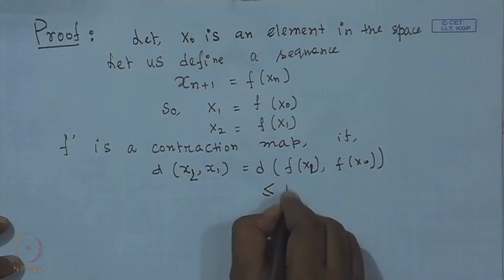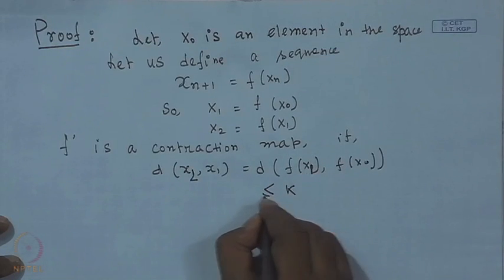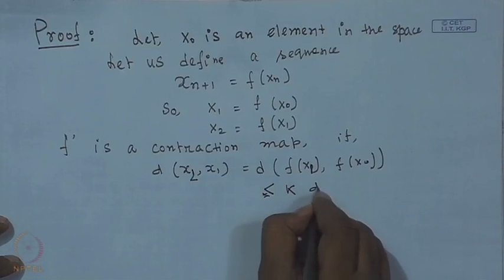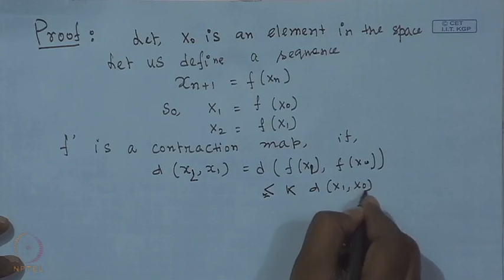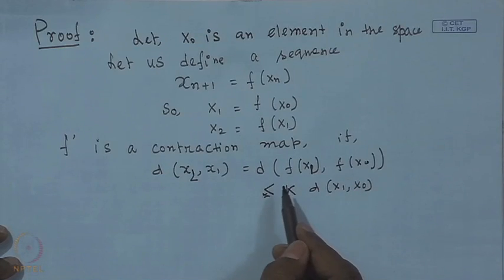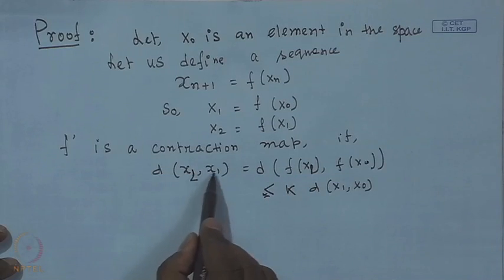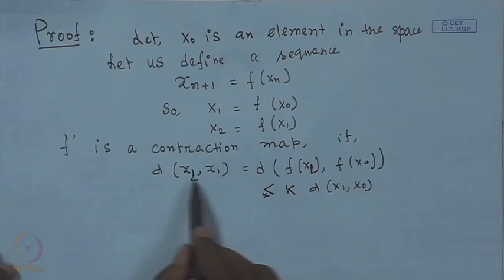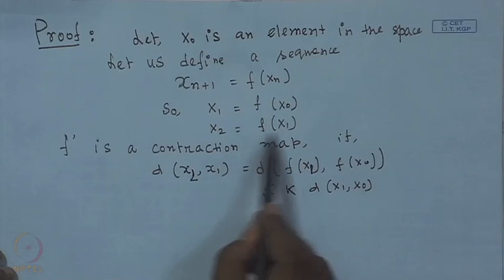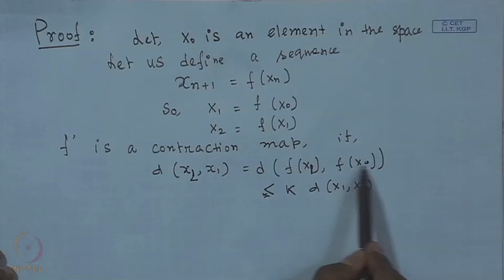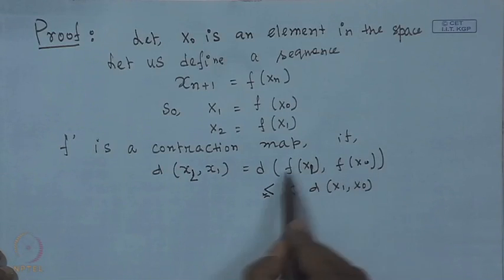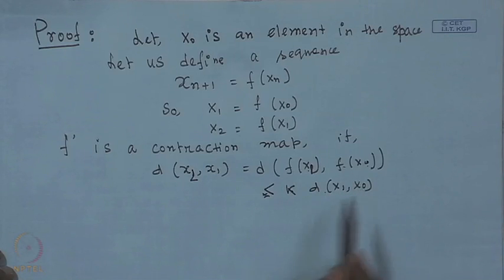is less than k times the metric between x 1 and x 0. So, we are assuming that F is a contraction map. In that case, the metric between x 2 and x 1 is identically equal to the metric between f of x 1 and f of x 0. But if F is a contraction map, then this relationship must hold, that is, the metric between f of x 1 and f of x 0 should be less than k times the metric between x 1 and x 0.